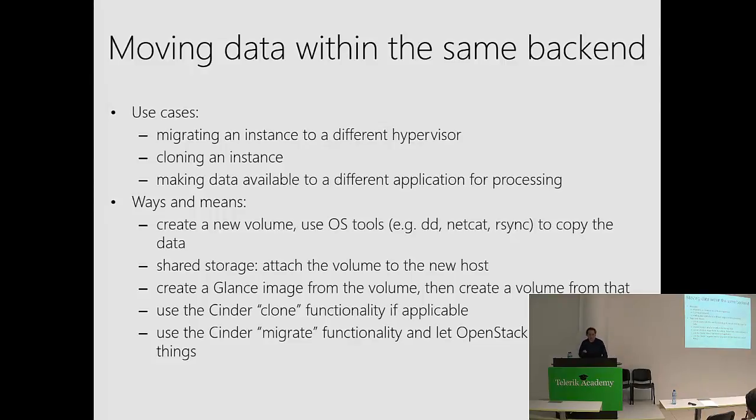I will say a couple of words about those in the next slides. There are also a couple of native OpenStack ways to do that, which are sometimes quite preferable because they should be the most supported ones, if they work well.